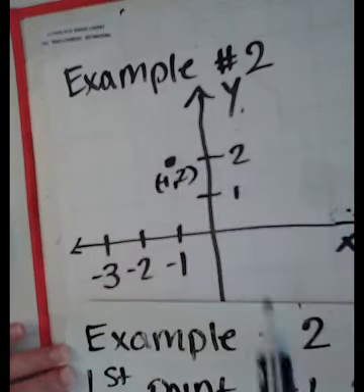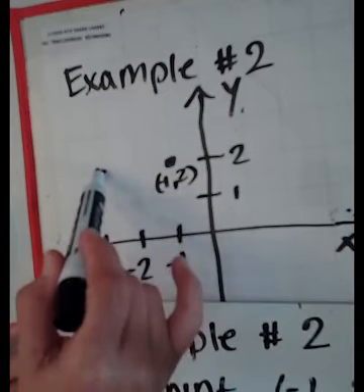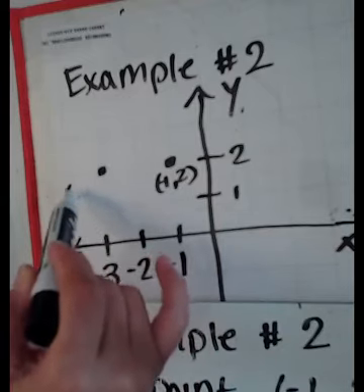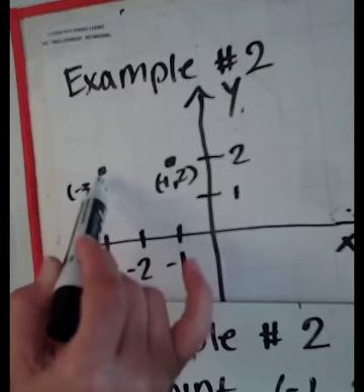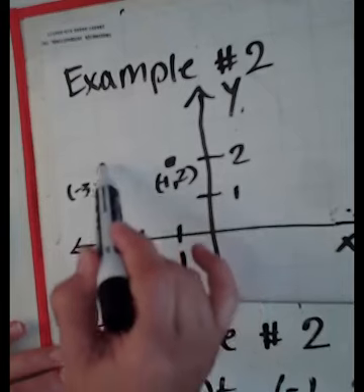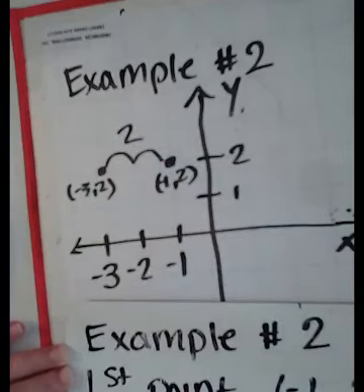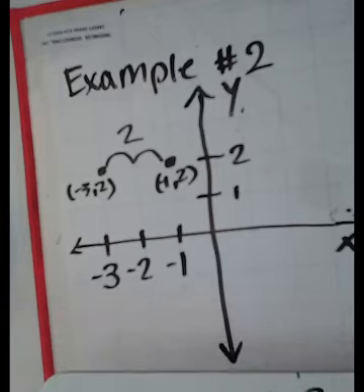Our second point is at -3, y value is 2, so we'll go here. The distance between these 2 points is 1, 2. And this is the same value that we came up with when we did it using our formula.